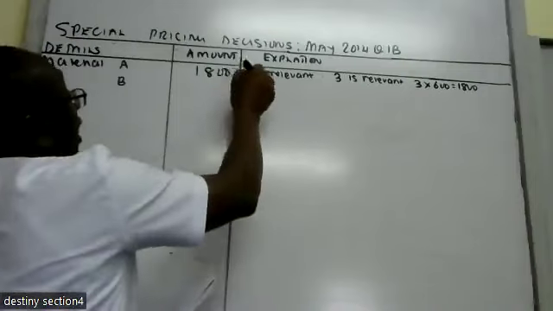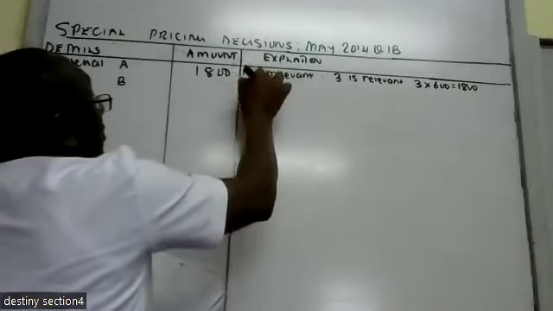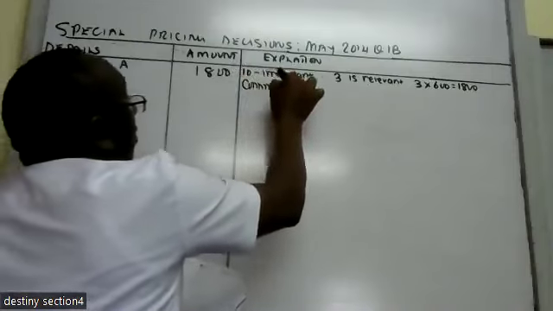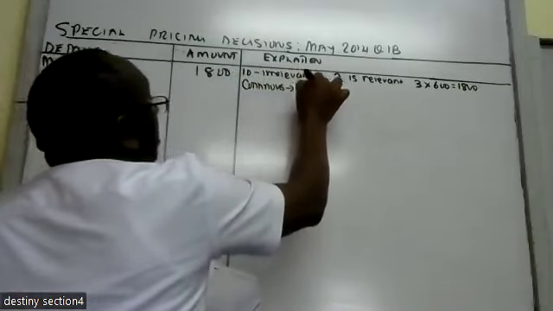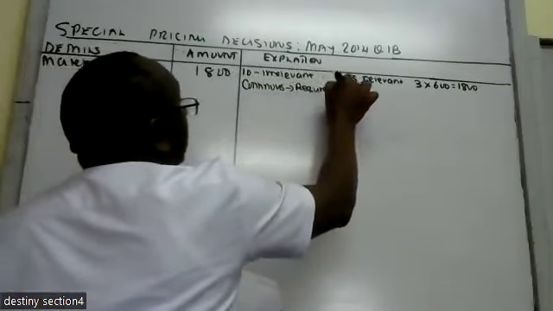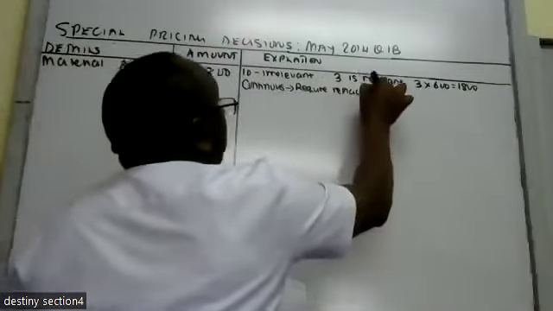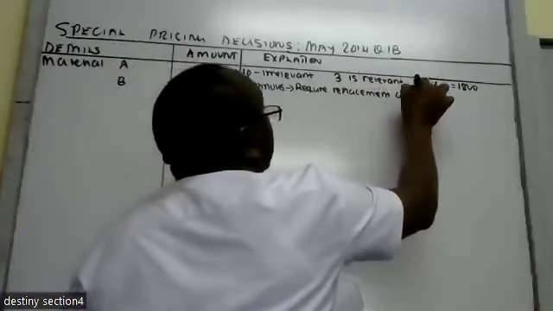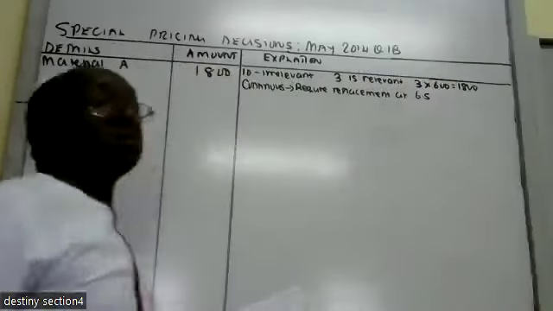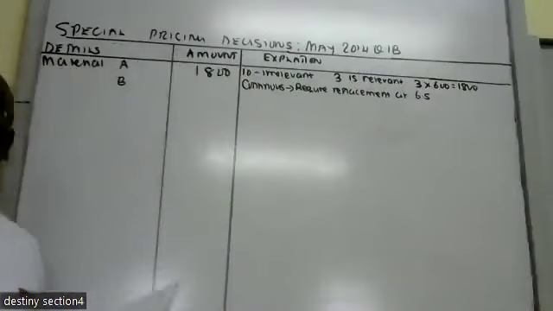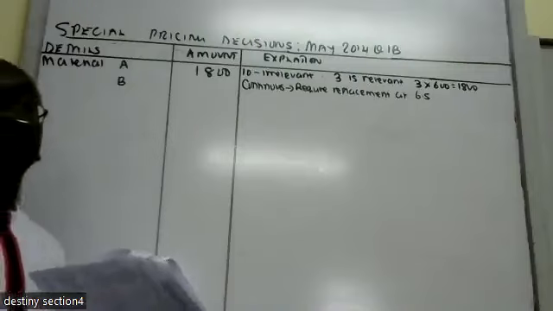So now that it is continuous, we require what? Replacement at 6.5. It will require replacement at 6.5 because that's the current price.